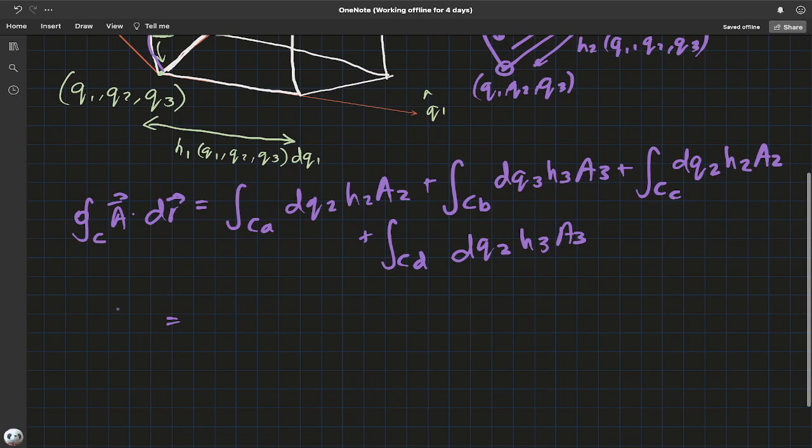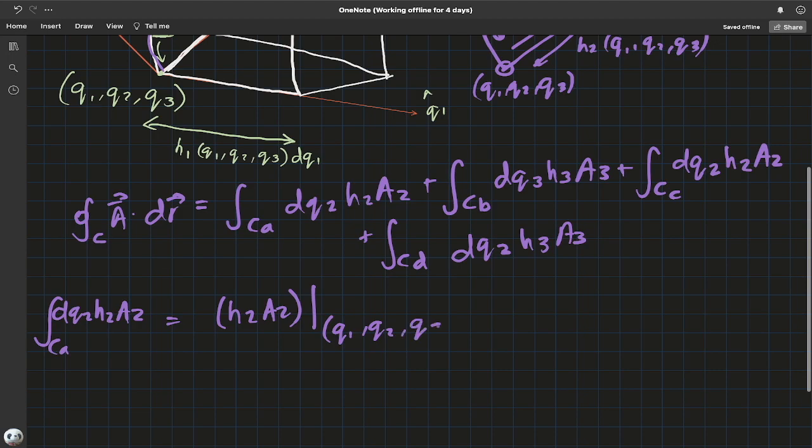So for CA, dq2 h2 A2 is just h2 A2, because this is a differential, so this will remain a constant evaluated at q1, q2, q3. This will remain a constant before this differential length. Don't forget the dq2, that's popping out basically.